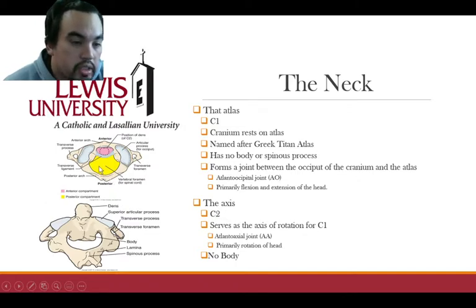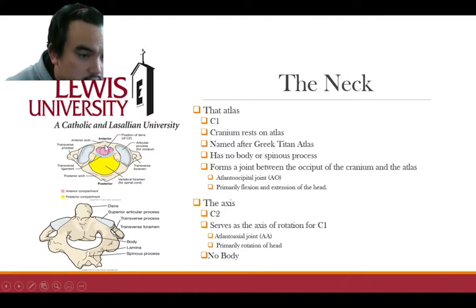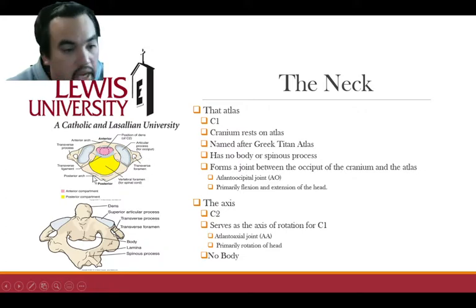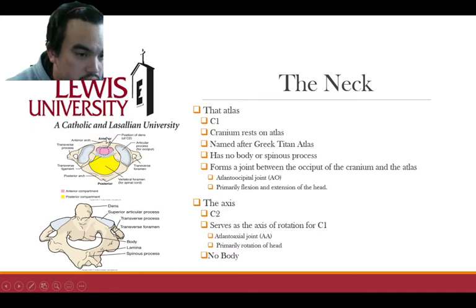So you can see here that the atlas is very shallow. It doesn't have those typical spinous processes on the posterior aspect, or the transverse processes on the sides. It's very flat. It just really allows the cranium to be cradled in this position here.